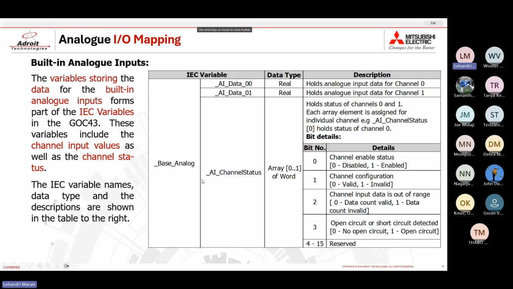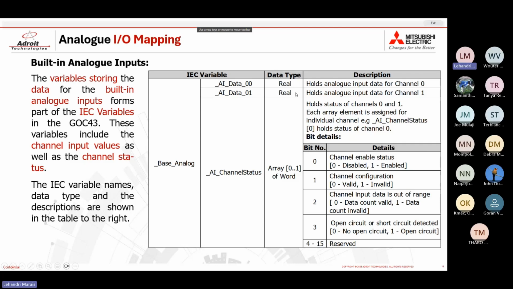Within that group you'll find different variables that pertain to your built-in analog. Two of these variables are the channel data, the variable wherein the digital value is stored, which is _AI_data_00 for channel 0, and 01 indicates it is for channel 1.